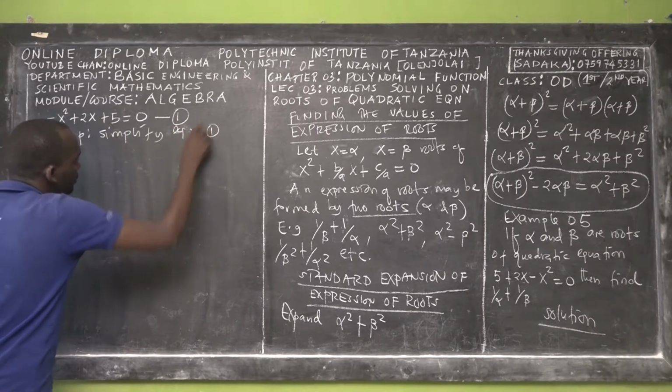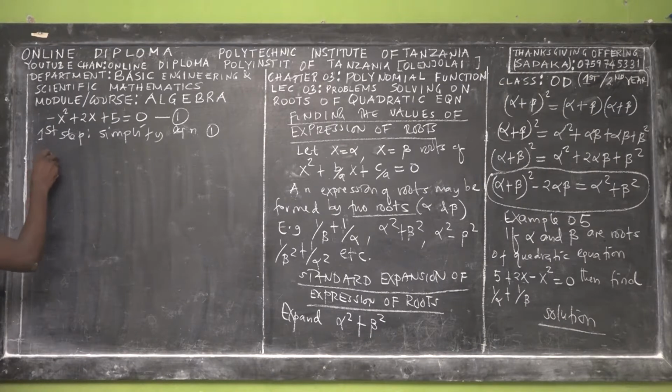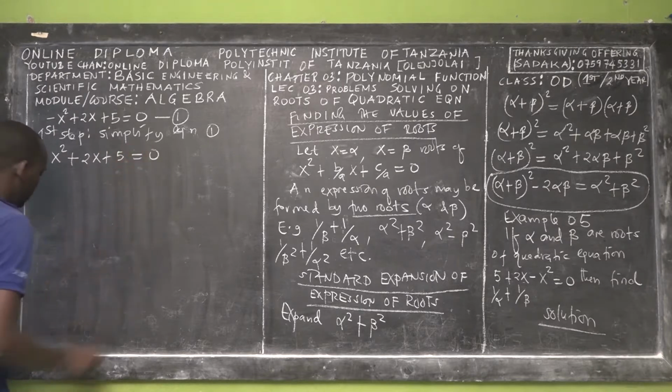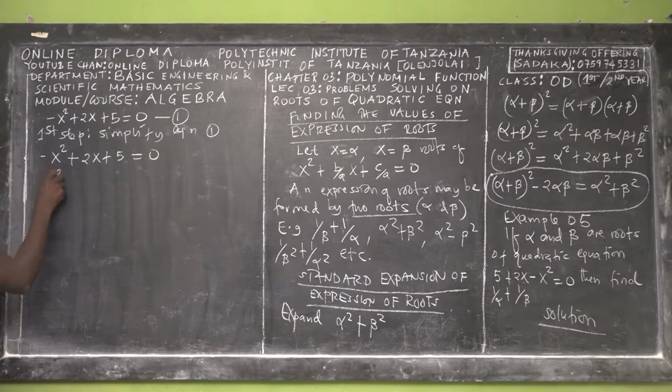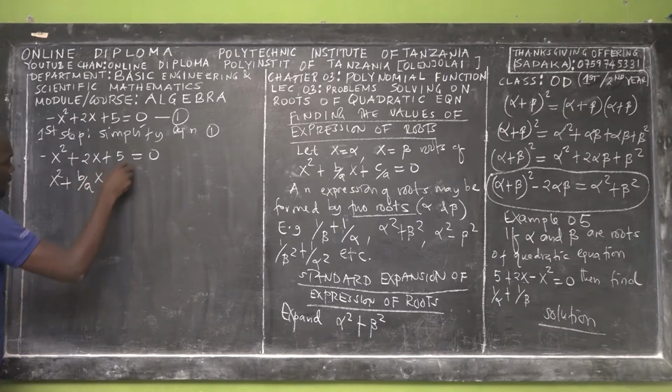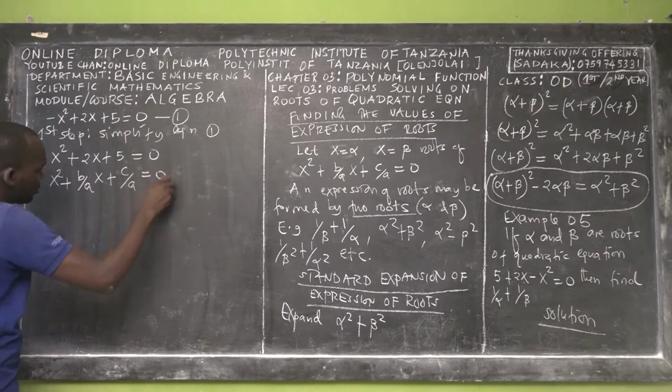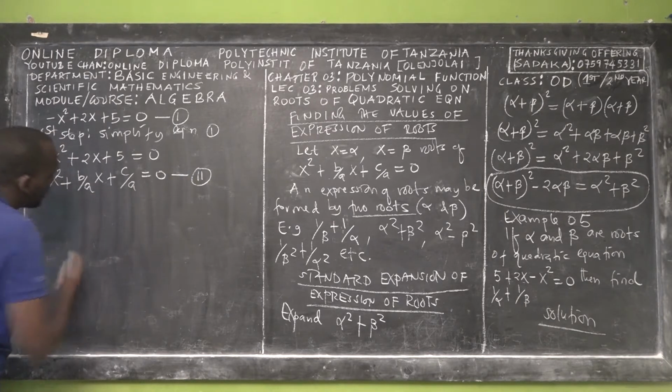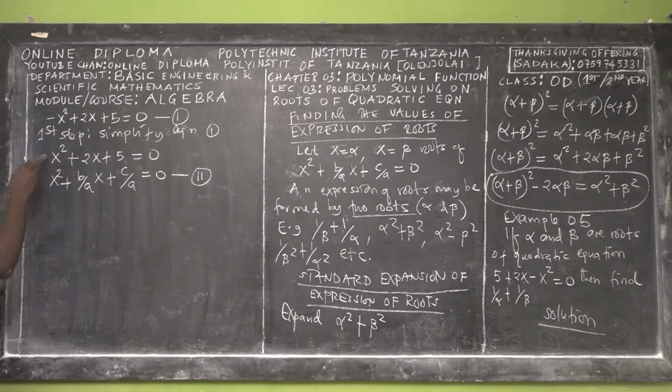Equation 1. To simplify equation 1, you have to express it in standard form. Remember, the standard form is x squared plus b over a x plus c over a is equal to 0. This is equation 2. It means the coefficient of x squared should always be 1.